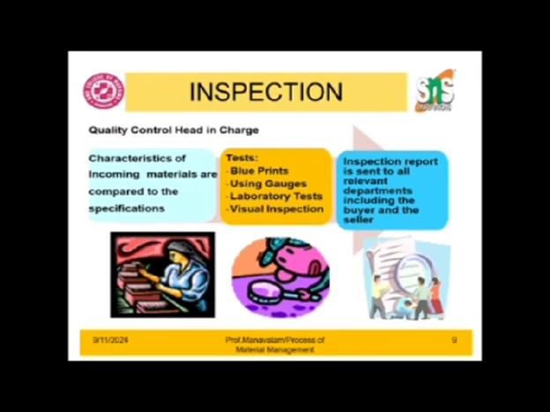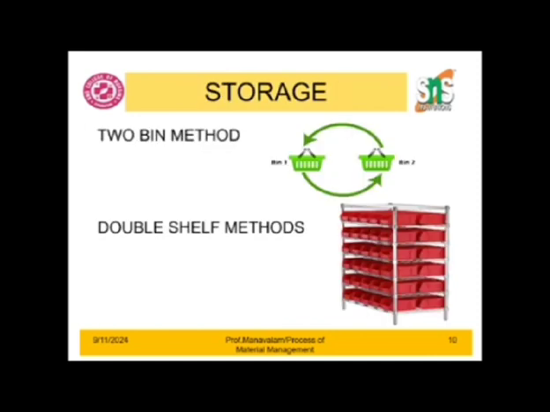They have to apply different types of test, using blueprints according to the items they are going to check, gauges, laboratory tests, visual inspection. Next, after doing all these things, they have to prepare the inspection report and send the report to the relevant departments, including buyer as well as seller.